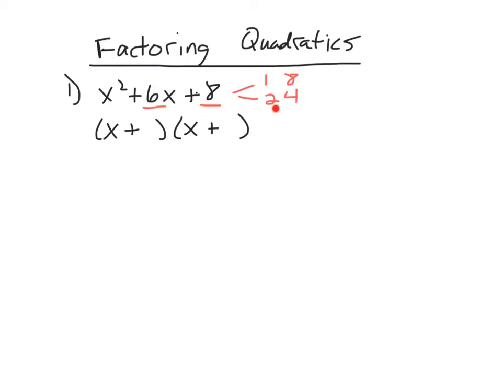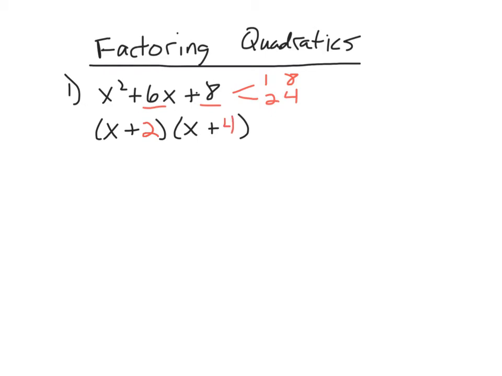Well, when I go back over here to my factors, I can see that 1 and 8 would add to 9. That can't be it. Down here, I have 2 and 4. 2 and 4, when I add those together, indeed would give me the 6 that I need. Therefore, these are the numbers that we put in. And now we have our answer in factored form. It's (x + 2)(x + 4).